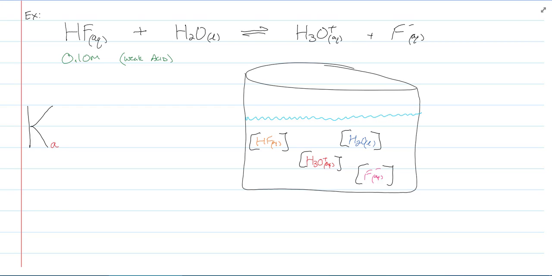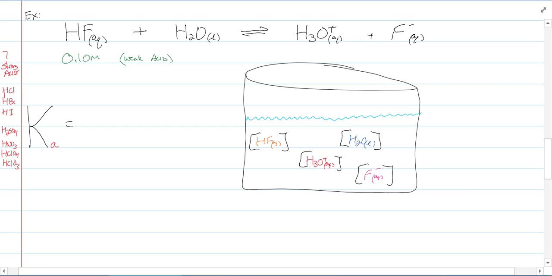The 7 strong acids: HCl, HBr, HI, the 3 middle halogens. Then we have H2SO4 sulfuric, nitric, perchloric, HClO4, and then HClO3 chloric. Those are our 7 strong acids.